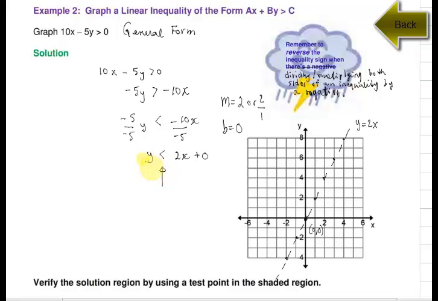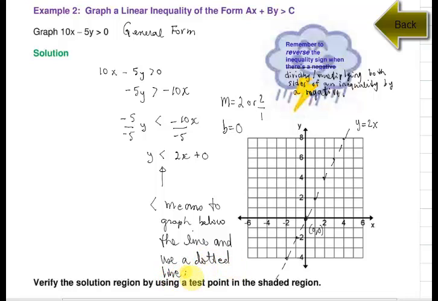Now we want to discuss what our less than sign means. Okay, so notice our y is on the left-hand side of our inequality. So our less than sign means to graph below the line, and use a dotted line.